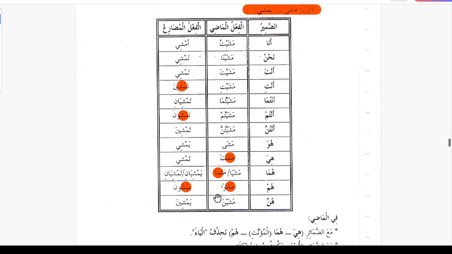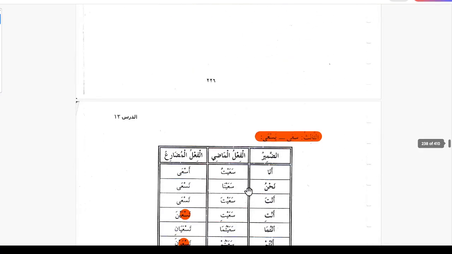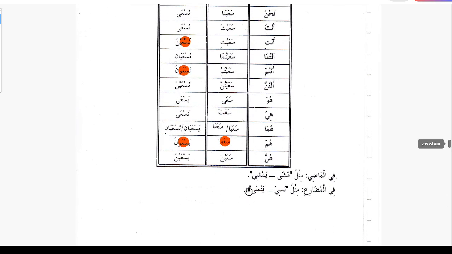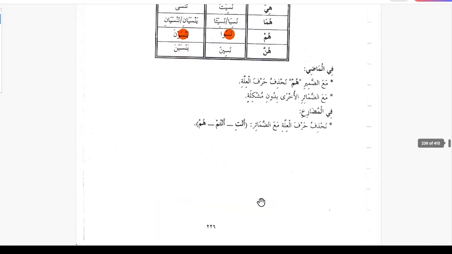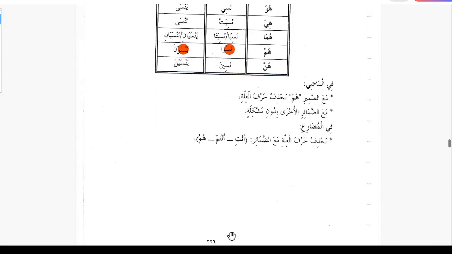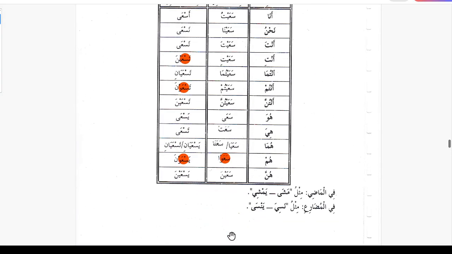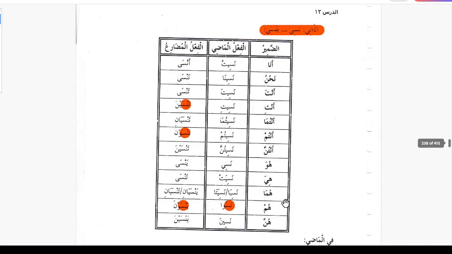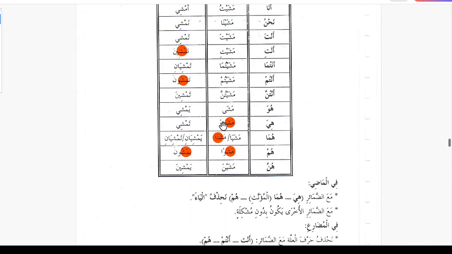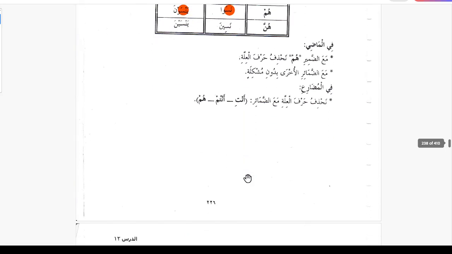And fail mudare is the same as nasiya yansa. So in other words, for masha yamshi, the weak letter was omitted for hiya, huma and hum.